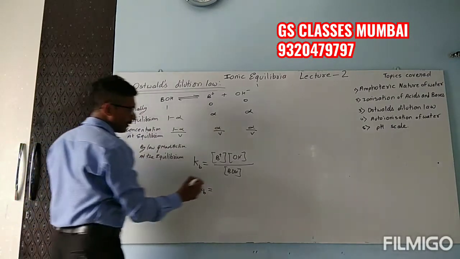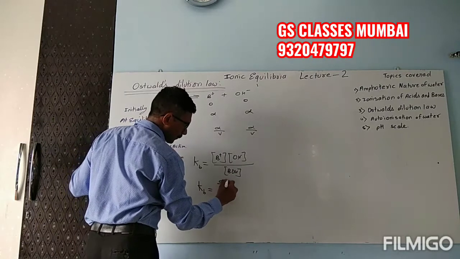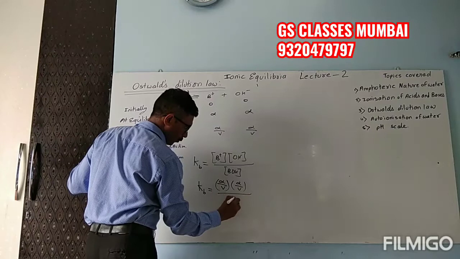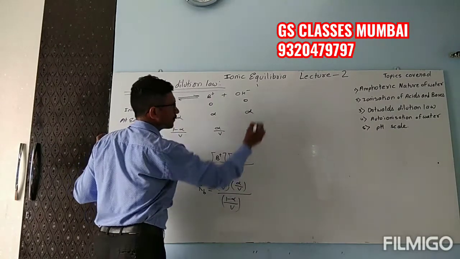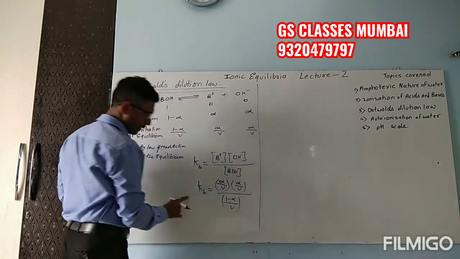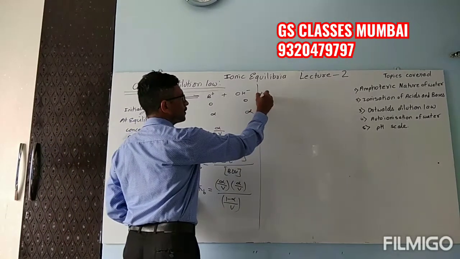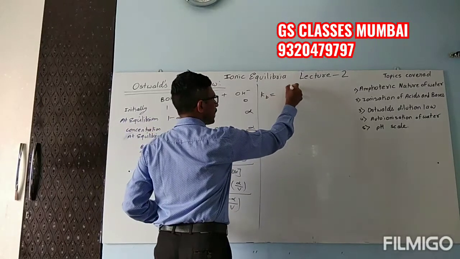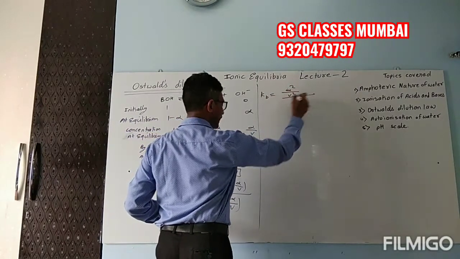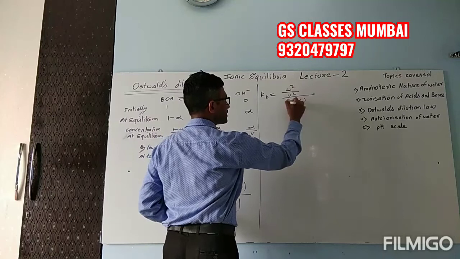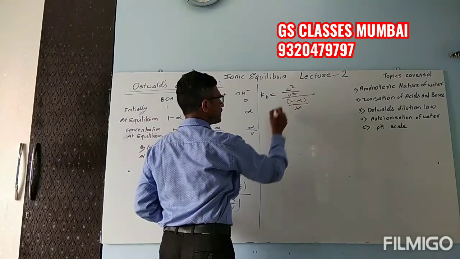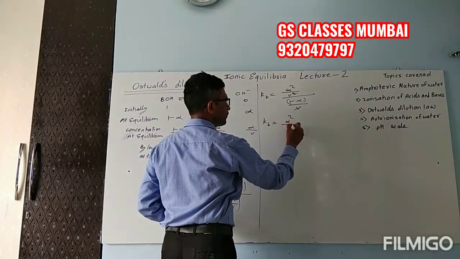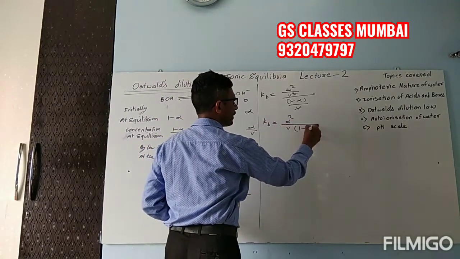Kb is going to be alpha upon V, alpha upon V, divided by 1 minus alpha upon V. Now children, Kb is alpha square upon V square, divided by 1 minus alpha upon V, and this we can cancel. Kb is going to be alpha square upon V into 1 minus alpha.